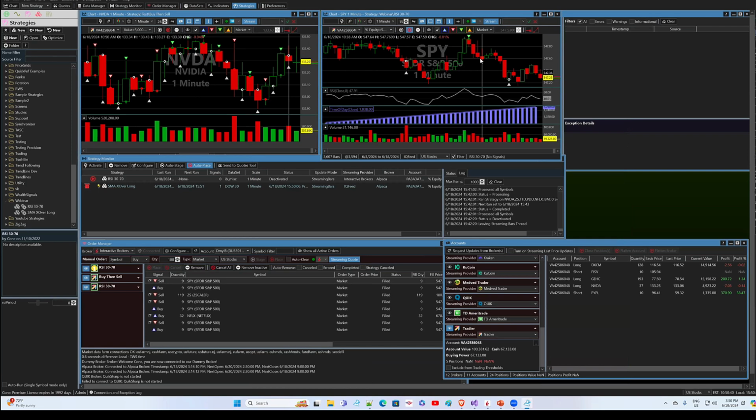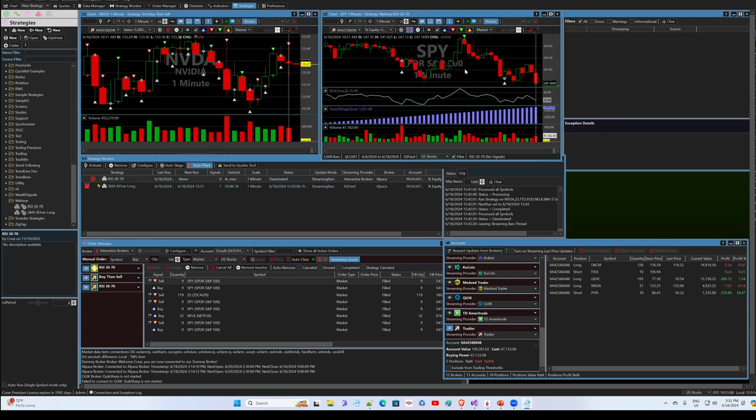You don't get all of the ticks, and that might affect the highs and the lows and the closes of the bars that are being built with that streaming data. I might not have answered the right question, but that is a factor in both the streaming window and in the strategy monitor if you're using streaming data.